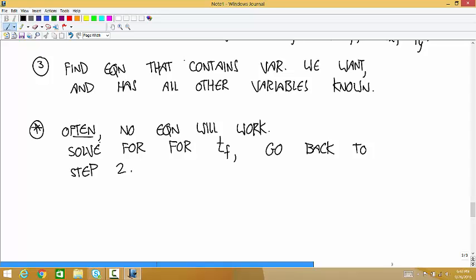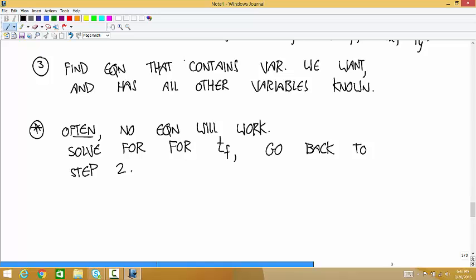Really all you're doing is everything that you knew before, you still know, what you wanted before, you still want. Now you just know TF also, so you've added one more thing you know. And the reason TF is pretty much always the intermediate variable we want is because that's the one variable that carries over from the horizontal motion to the vertical motion. Okay.